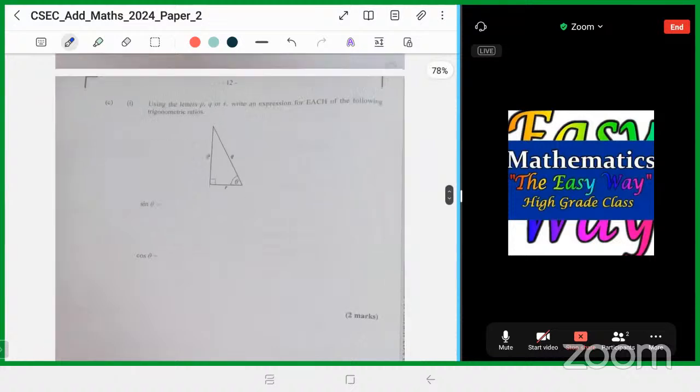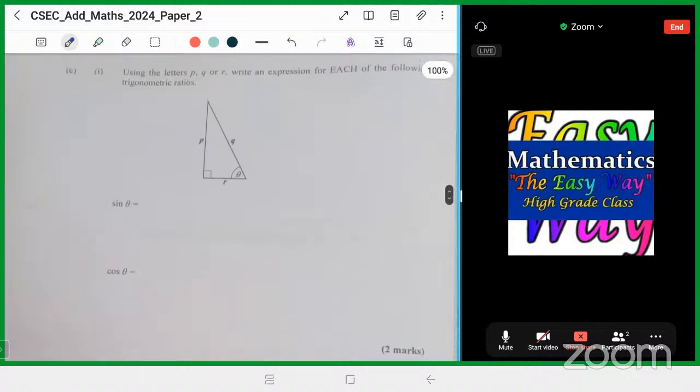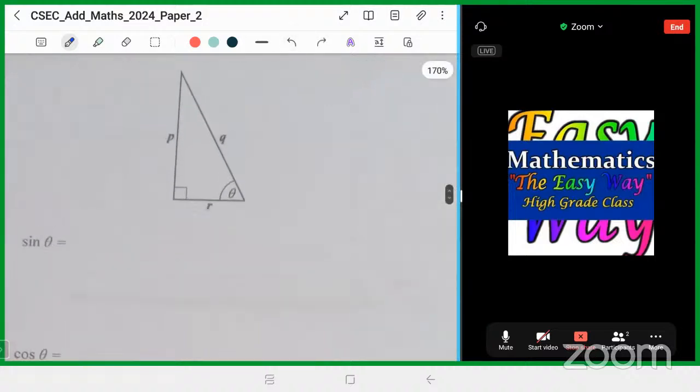Easy, easy, easy. This question says, using the letters P, Q, and R, write an expression for each of the following trig ratios. This is the angle under consideration. Opposite the 90 degrees is the hypotenuse, that's Q. This is the adjacent, and this is the opposite to the angle.